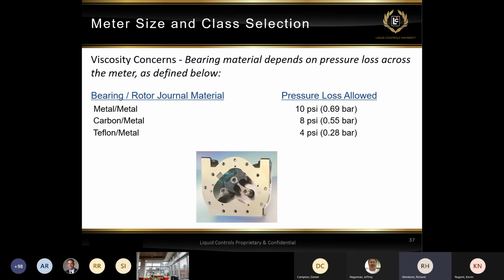And Teflon metal in the class 8 meters is only 4 psi pressure drop. So it's critical knowing the bearing material, the viscosity, and all that, because we have to size the meter according to its pressure loss.